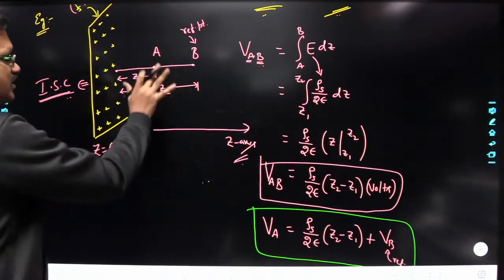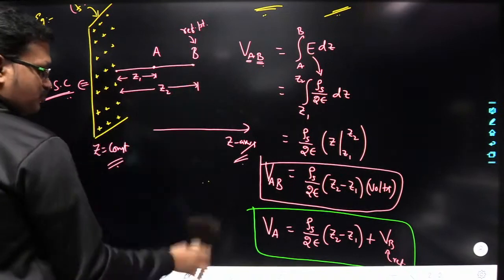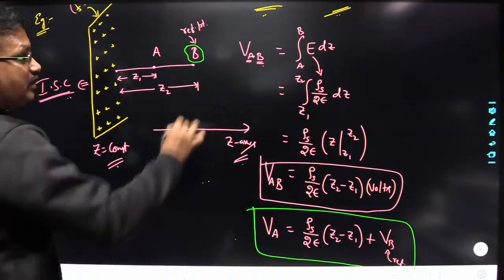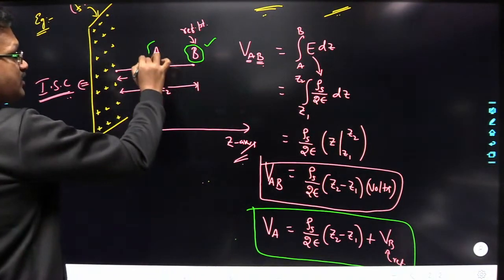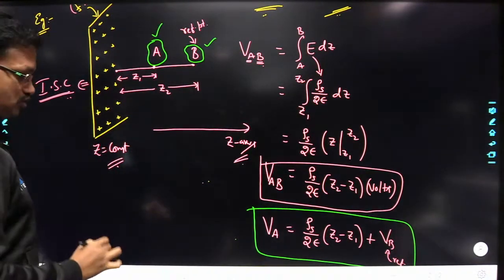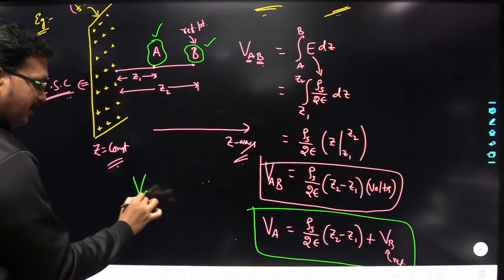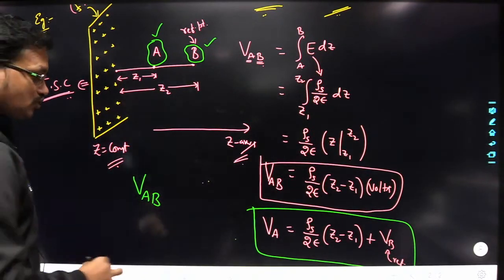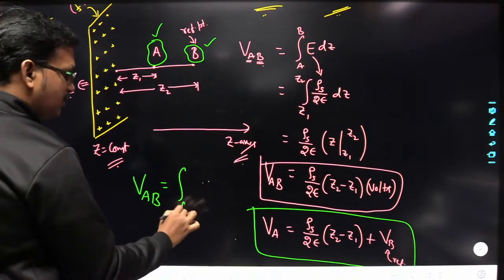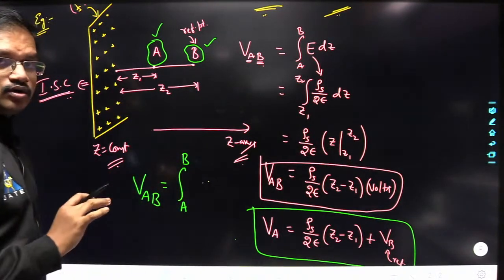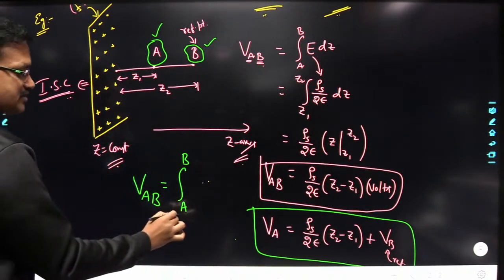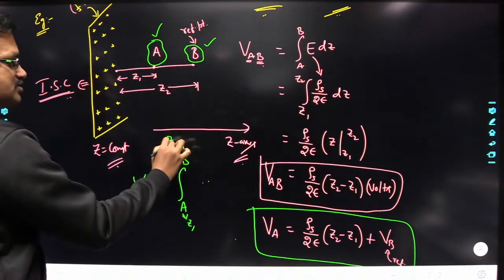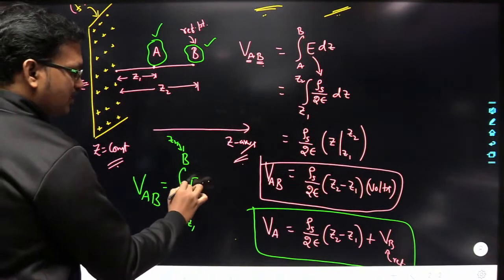So in this case I have taken the reference point as B and I want to determine the potential at A. That means I have to write the potential at A with respect to reference point B. So VAB is equal to the integral from A to B. A is at a distance Z1 and B is at a distance Z2. So integral E dz.